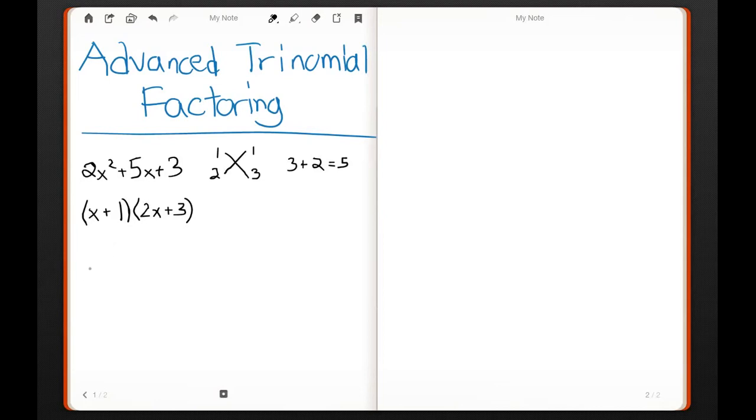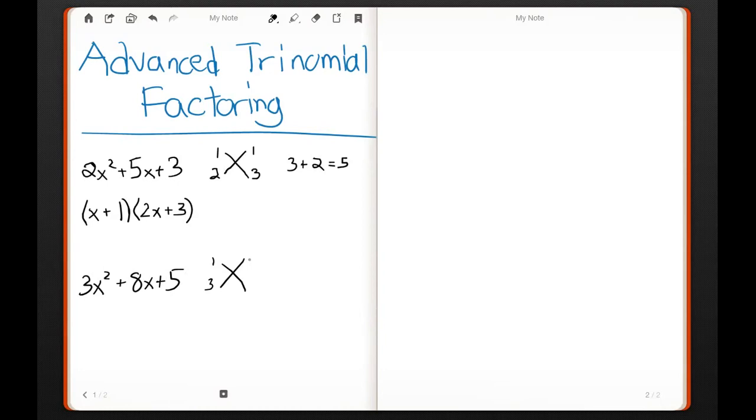Okay, that might have been a little confusing, but don't worry, we have several more examples here. So again, first thing you do is draw the x. On the left side of the x, put the factors that multiply to the coefficient of the x squared term. So factors of 3 would be 1 and 3. Then on the right side, it's factors that multiply to the number out here.